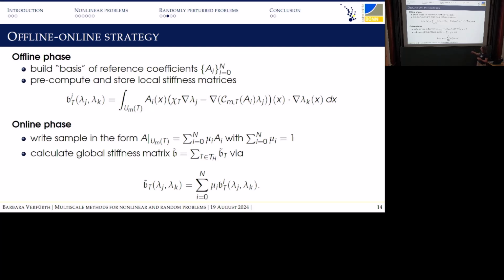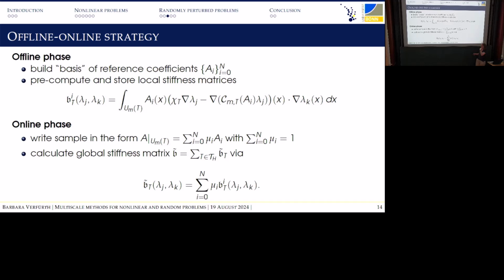Let me emphasize that this is in fact a good approximation of my true multiscale stiffness matrix. This is somewhat a surprise at least, because there's no linear structure in how these matrices are constructed. You would have this linear decomposition if you would do a finite element method, because you had a linear decomposition of your coefficient.